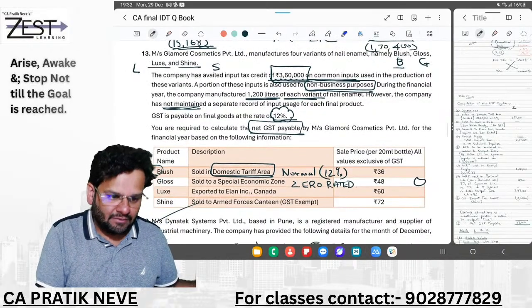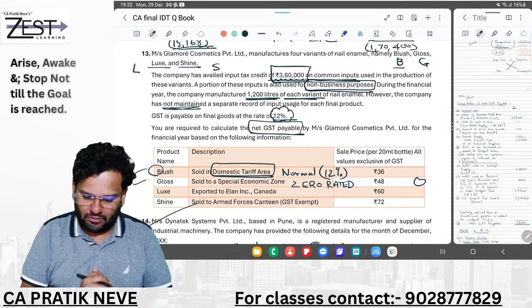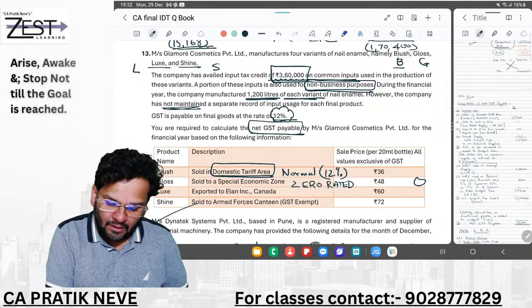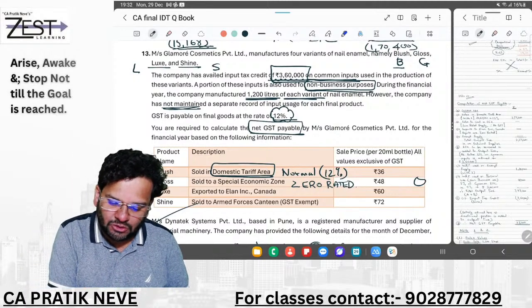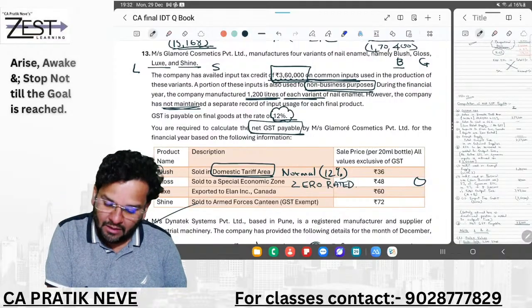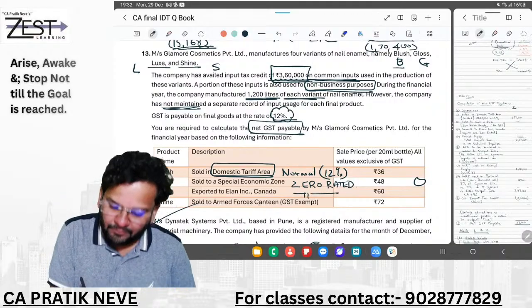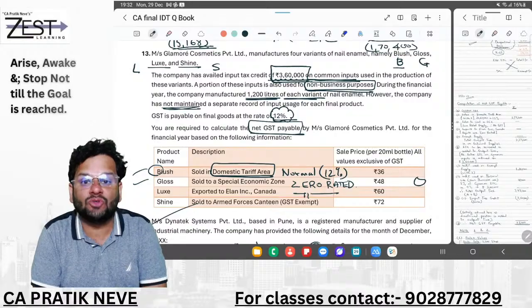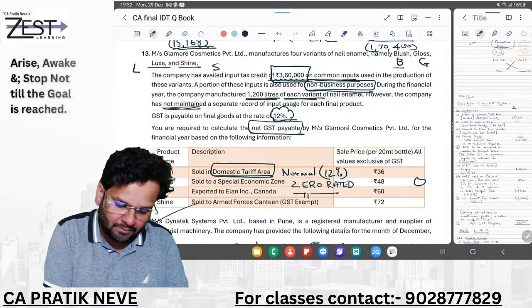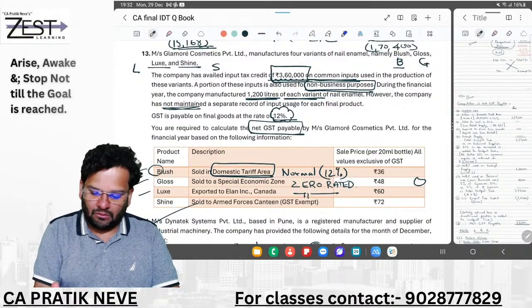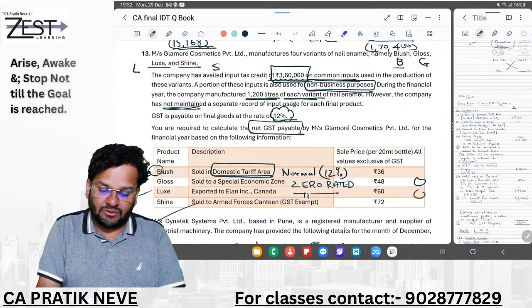So ITC attributable to this and this will be allowed. But what about exported to LN in Canada? Yes, this will also be allowed because it is also zero rated. So no problem. This also will be allowed and output tax will be zero.